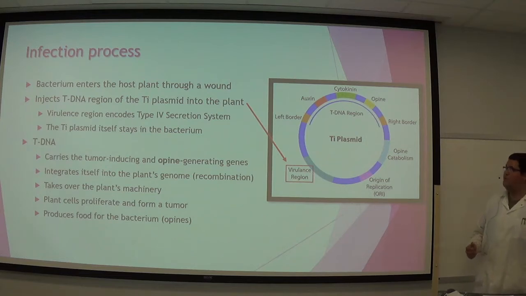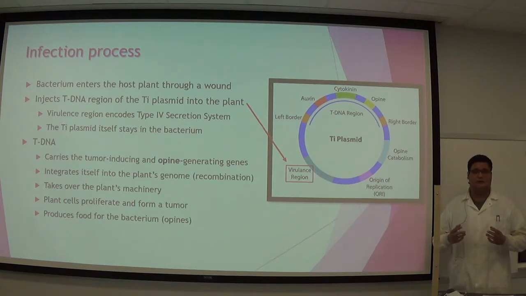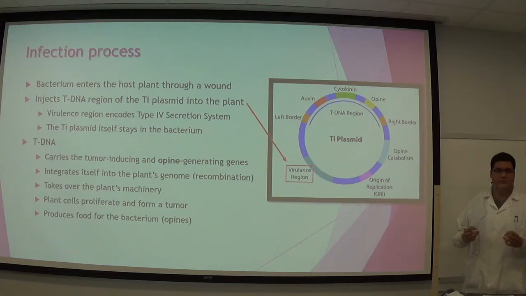So now the plant will start to produce more of these auxins and cytokinins within that area, within those cells that have been transformed by the tDNA. And so the plant will start to invest more and more sugars and energy into those cells because it's artificially creating all these plant hormones that tell it to grow.